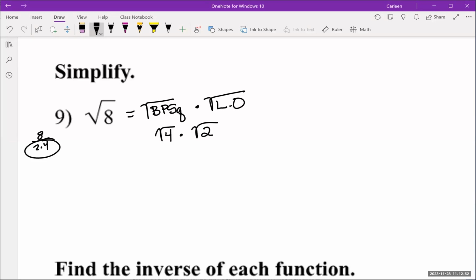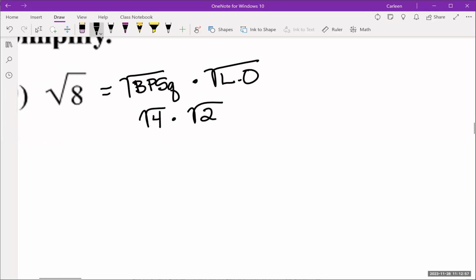So one of these can be simplified. Square root of 4 is 2. The leftovers stay in the house. Okay, so we split it into the biggest perfect square and the leftovers.